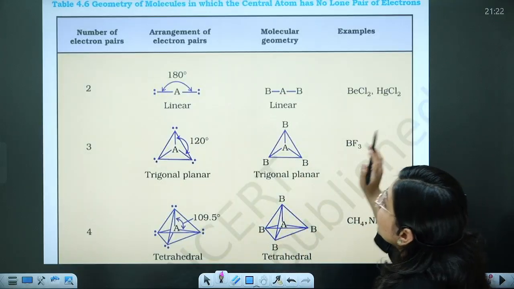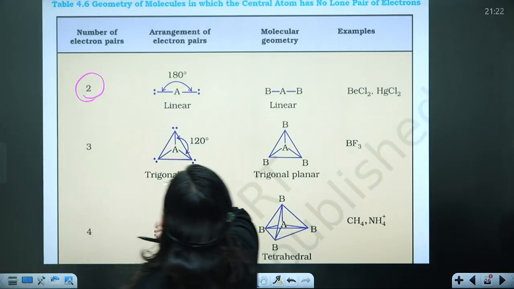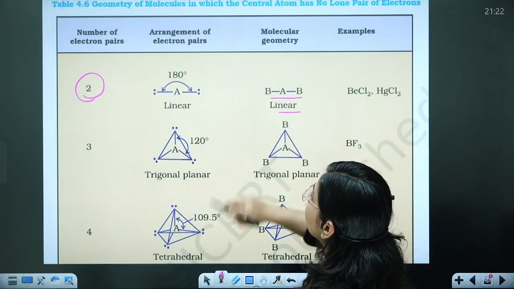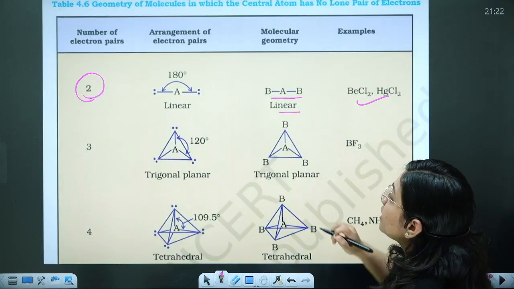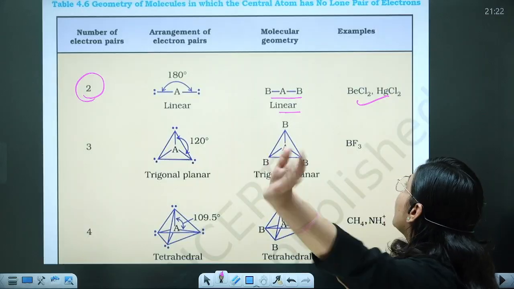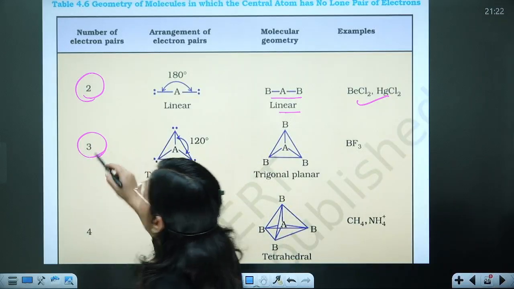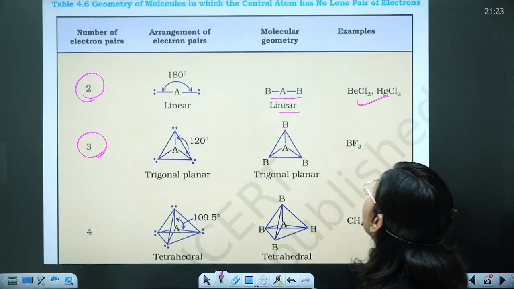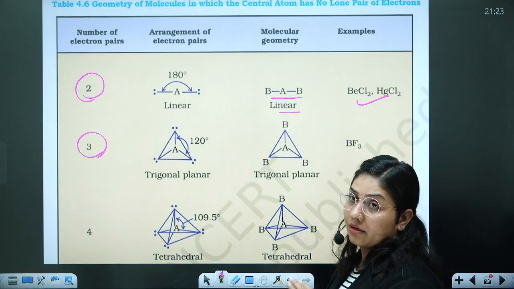See, if the number of electron pairs is 2, both of them bonded, the shape is linear. Examples were BeCl2 and HgCl2. We are talking about bonded electron pairs because we are dealing with molecules which are not having lone pairs right now, okay.